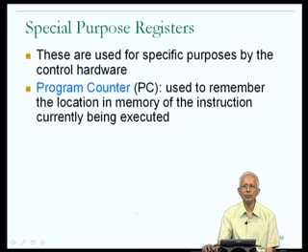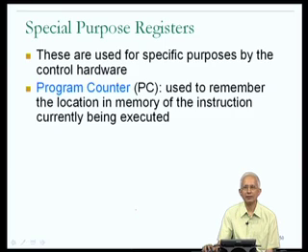Now, one of the very important special purpose registers in any processor is known as the program counter, which is typically abbreviated as PC. And this is a special purpose register that is used to remember the location in memory of the instruction which is currently being executed.